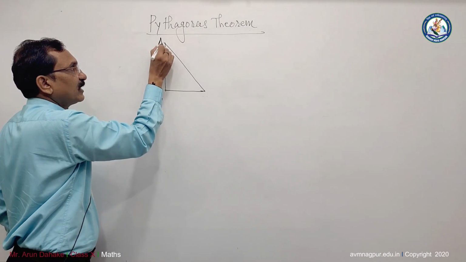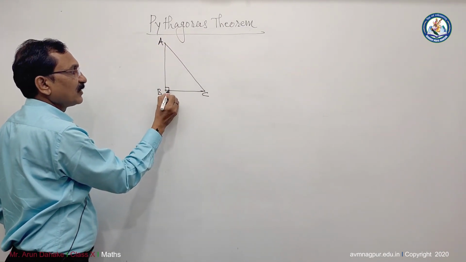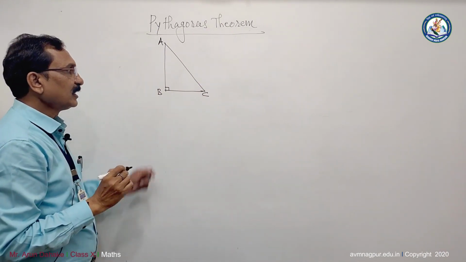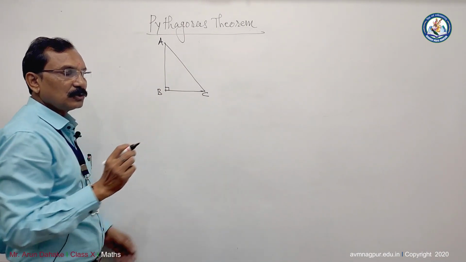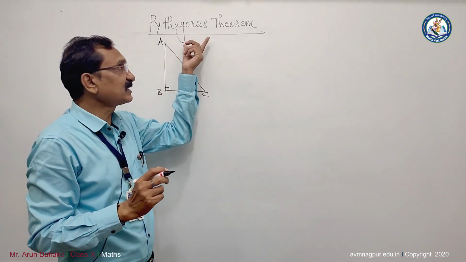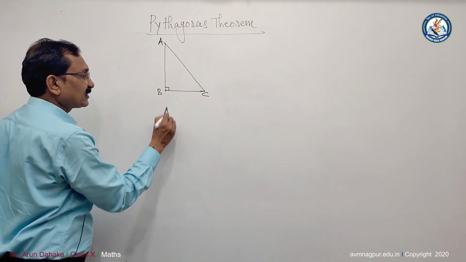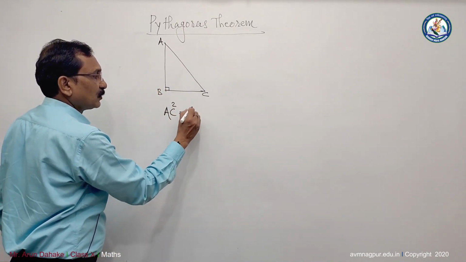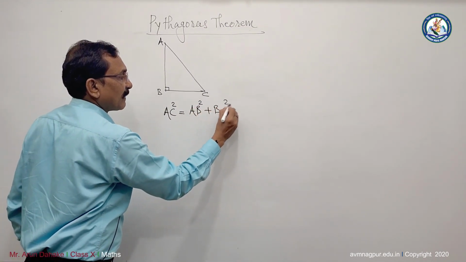ABC is a right angle triangle, and in this triangle, angle B is 90 degrees. The side opposite to 90 degrees is called the hypotenuse. And the statement of this theorem: the square of the hypotenuse, that is AC square, is equal to AB square plus BC square.